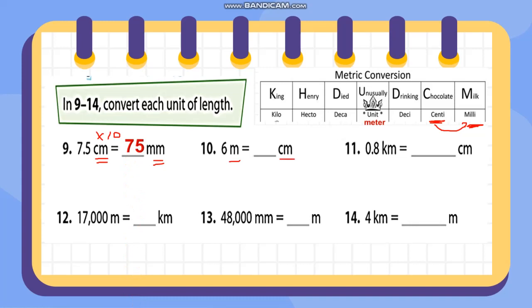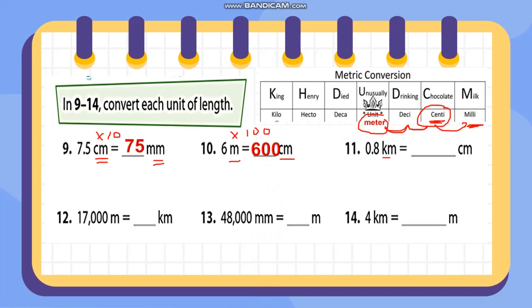Meter to centimeter. This is your meter, to centimeter, this is your centimeter. How many movements? Tens, hundreds. And from bigger to smaller unit, it means multiply. So tens, hundred means multiply by 100. So 6 multiplied by 100 is 600 centimeter.